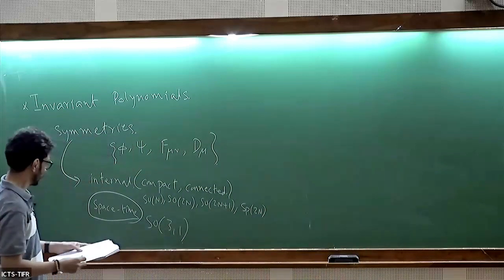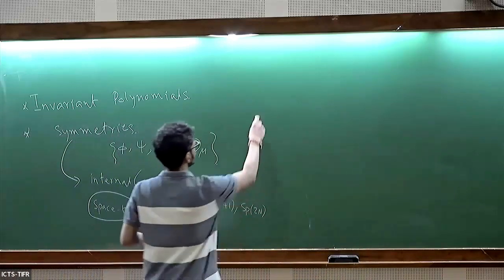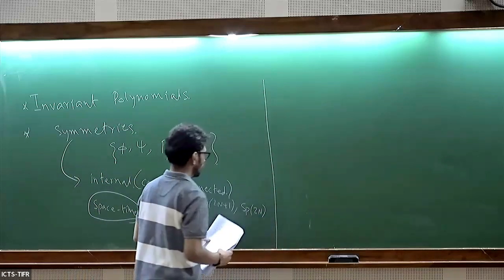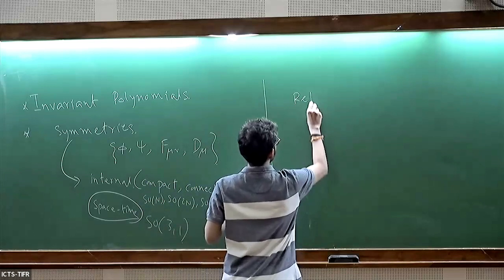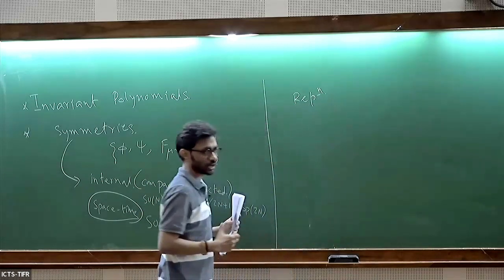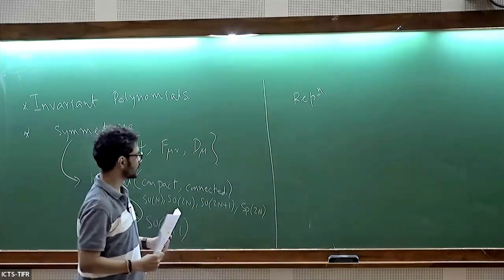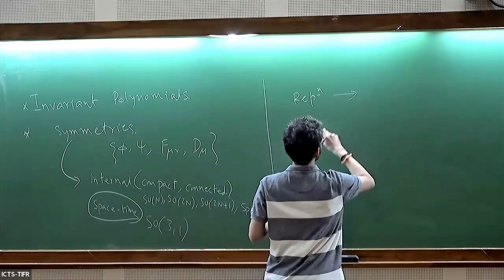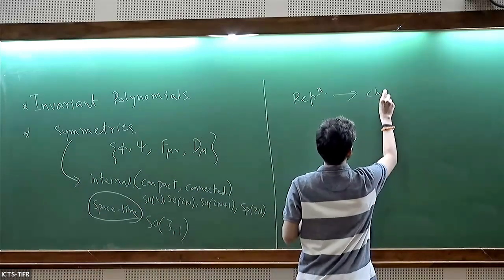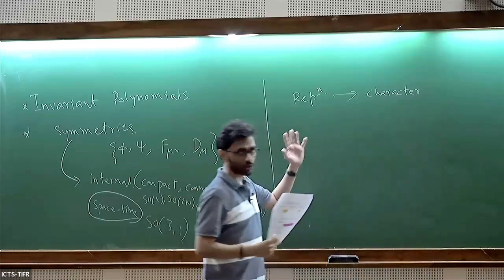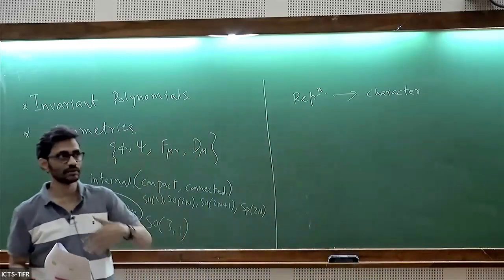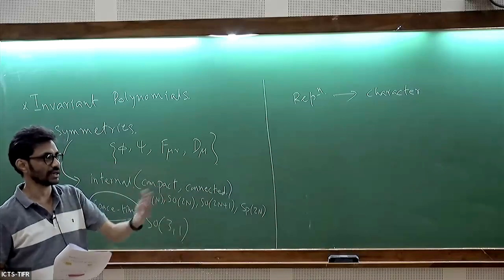Right. So now, what we have understood is that there are some representations for each such group, and we say there is some kind of character function we'll be able to write down. So there is a one-to-one mapping between these different kinds of representations and the characters.